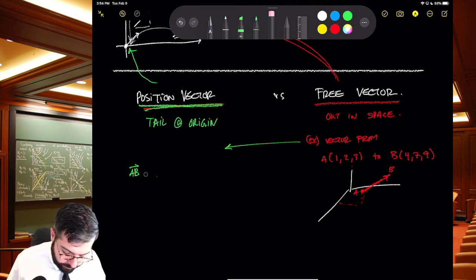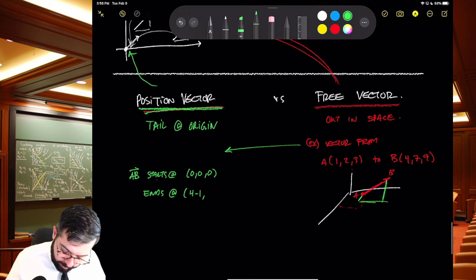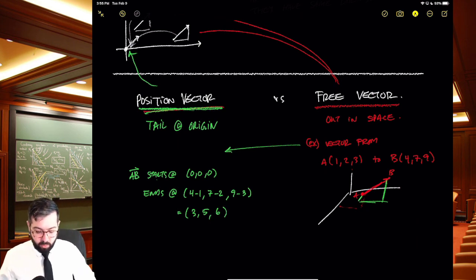I'll say it starts at 0, 0, 0, ends at, I find the difference of the x positions. So how far over, how far out, how far up. So that's 4 minus 1, 7 minus 2, and 9 minus 3. And so what point is that really? It's 3, 5, 6. We'd say this is the equivalent vector.